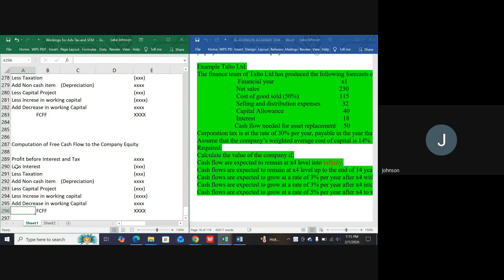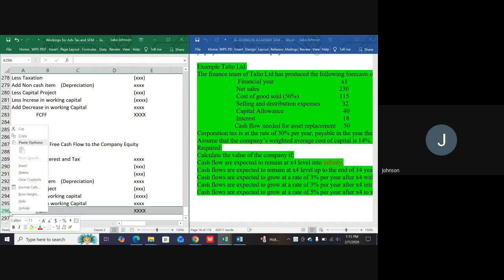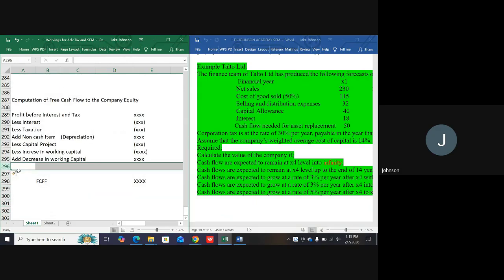Then the next thing you want to do is, before you get your total amount, there are two things you need to consider. So you're adding the decrease in working capital.